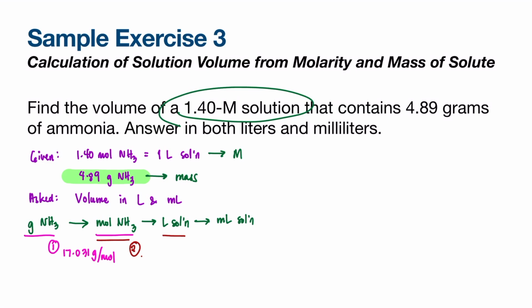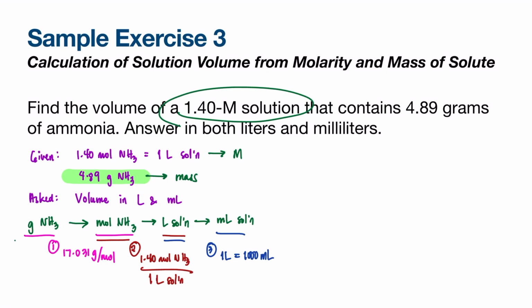That is 1.40 moles of ammonia per 1 liter of solution. And lastly, to convert the liters of solution to ml of solution, the third conversion factor is 1 liter equals 1,000 ml.